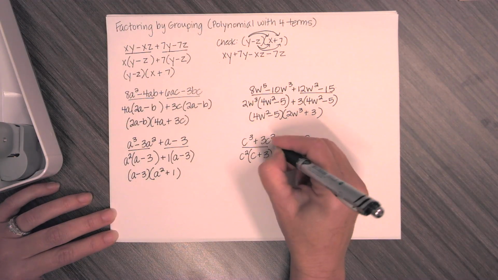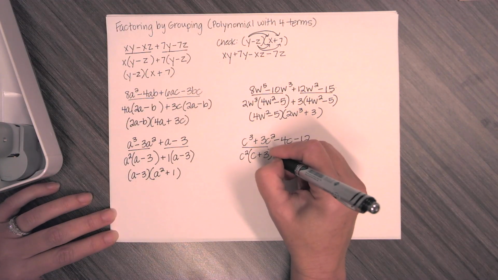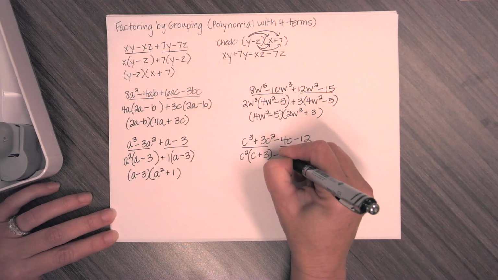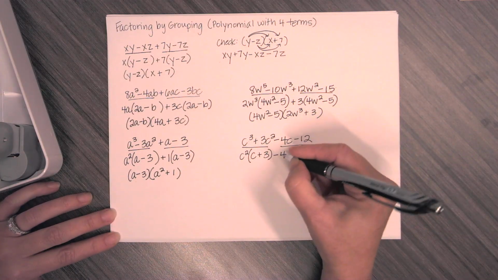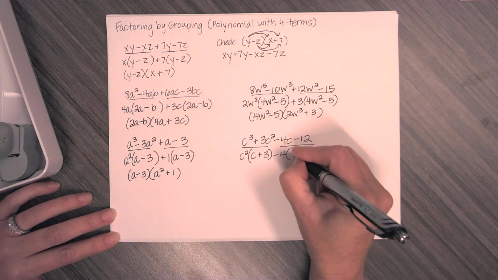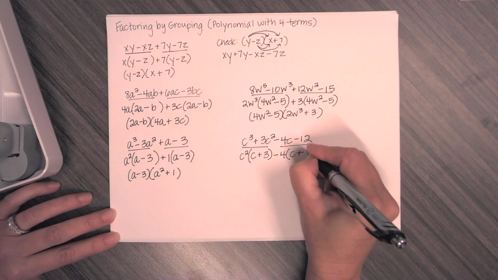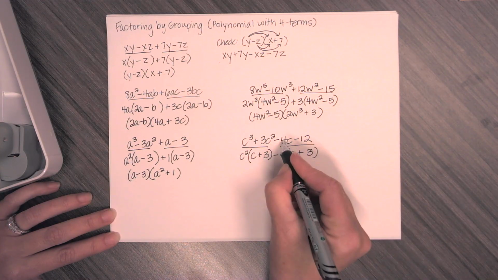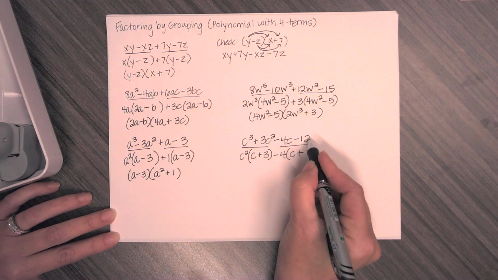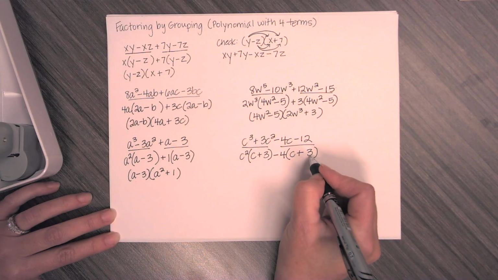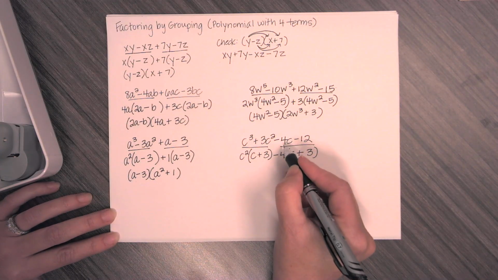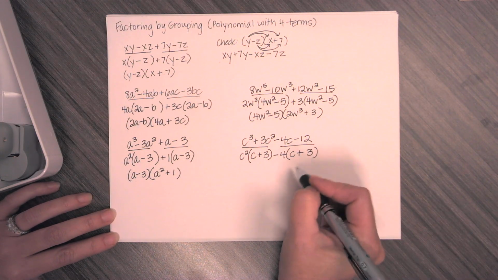So anytime this first term is negative, we're going to factor out a negative of whatever we're factoring out. So a negative 4 is going to leave c plus 3, because negative 12 divided by negative 4 is positive 3. So when you factor out a negative, it's going to change your signs.